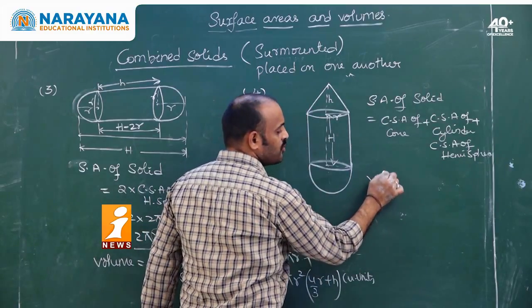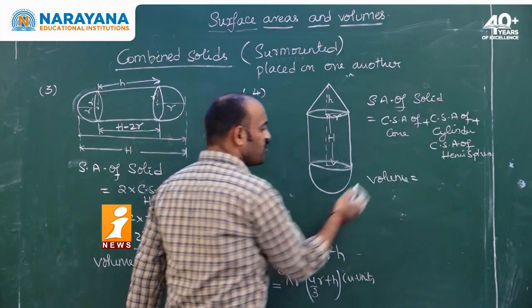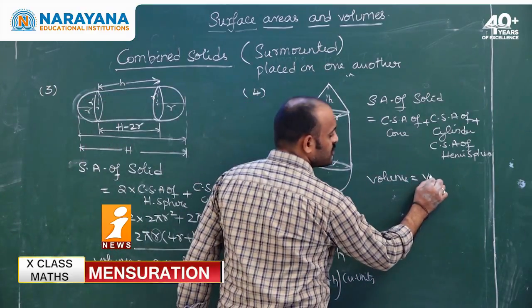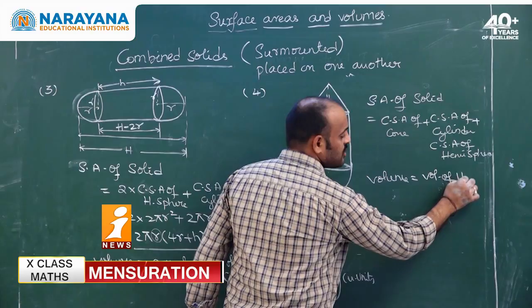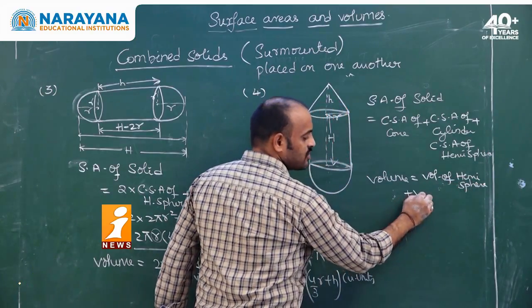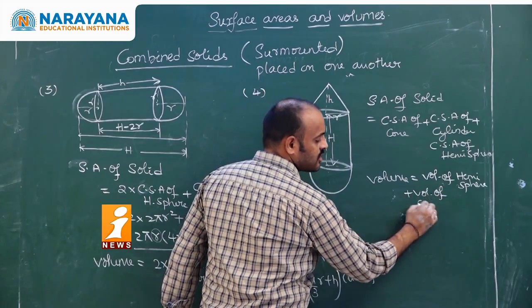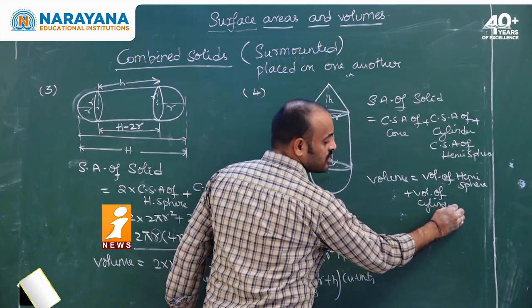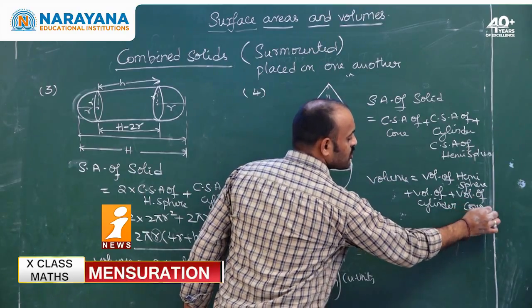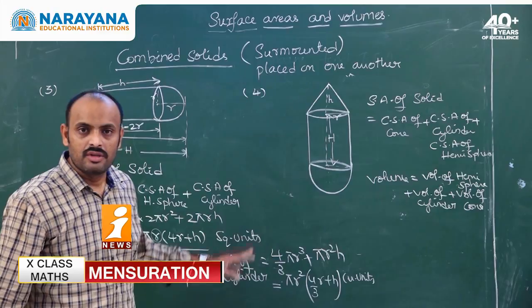Next, volume. Volume means the volume of each solid should be added: volume of hemisphere plus volume of cylinder plus volume of cone, isn't it?